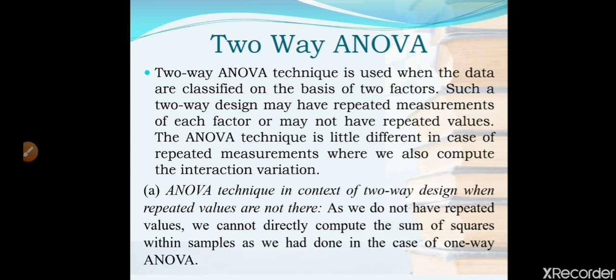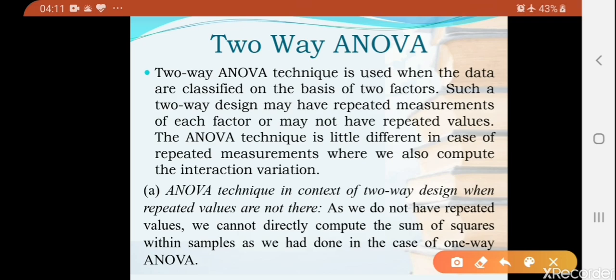So here again, within each factor we can have one set of readings, or we can have repeated measurements, multiple sets of readings. So for both we are having different procedures. So first of all, let us start with the ANOVA in context of two-way design when repeated values are not there. So it is just like the one-way ANOVA.